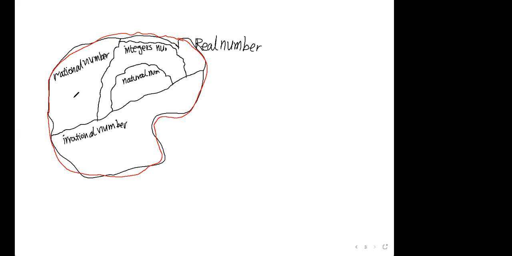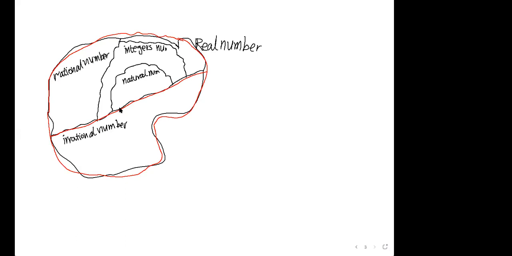Inside this big set, we separate it into different parts, rational numbers and irrational numbers. The rational numbers contain this set here, integer numbers. Inside the integer numbers, natural numbers. Let me explain more.